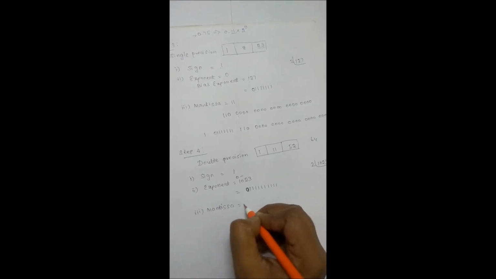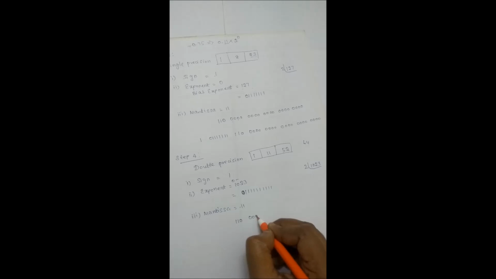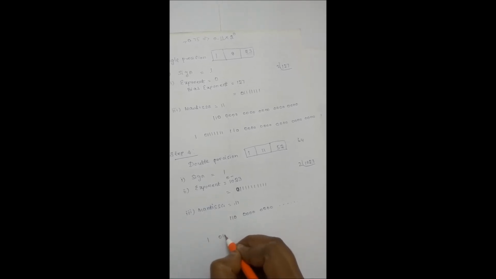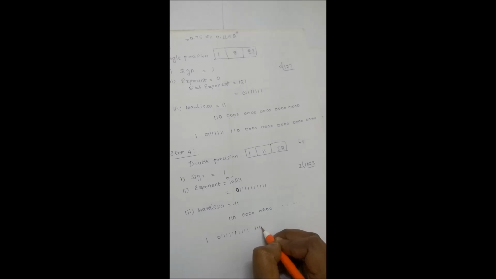The mantissa is 0.11, which will be represented in 52 bits, so 11 and then all the remaining bits will be 0. Now we combine everything: the sign bit 1, the exponent 0 1 1 1 1 1 1 1 1 1 1, and the remaining mantissa part. This is how we calculate the double precision.